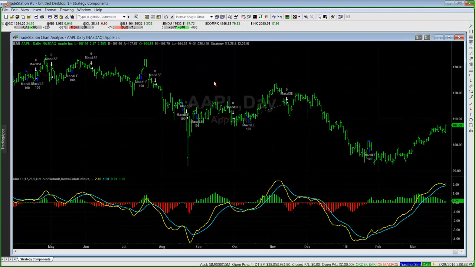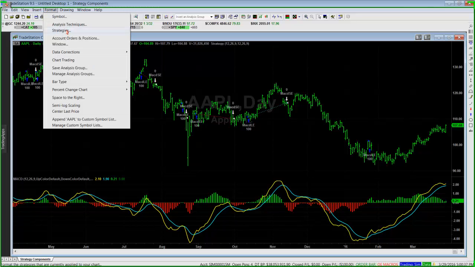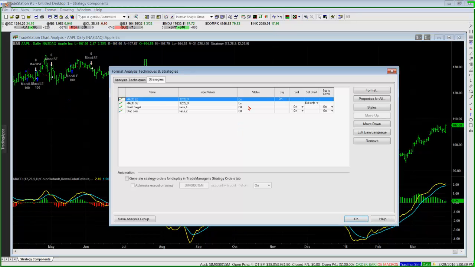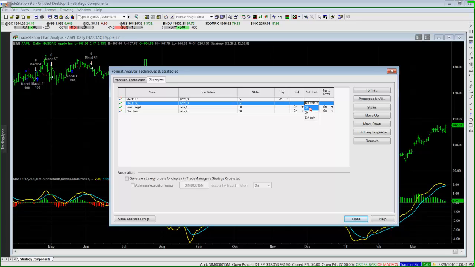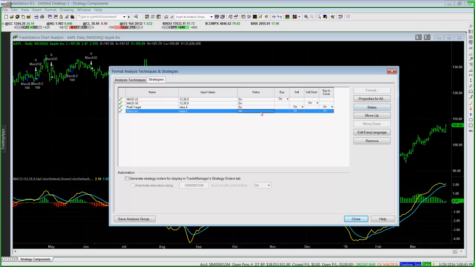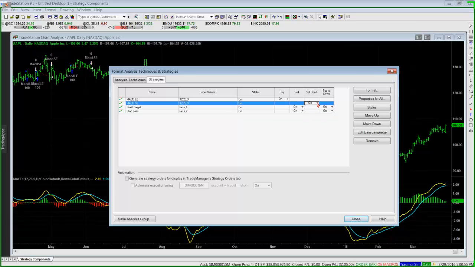There's lots of different ways that you can test your strategy here using the Format Strategy dialog. So the status button over here allows me to turn on or off any of the components, and then the drop-downs here allow me to control whether I'm using it as an entry or just as an exit.